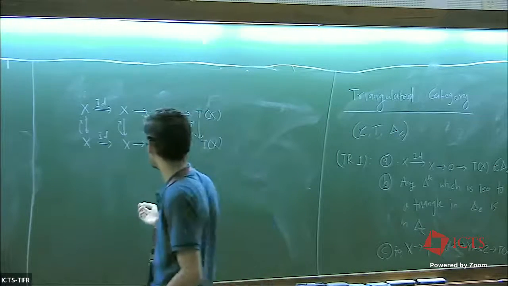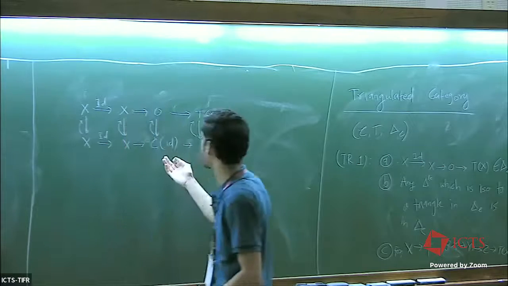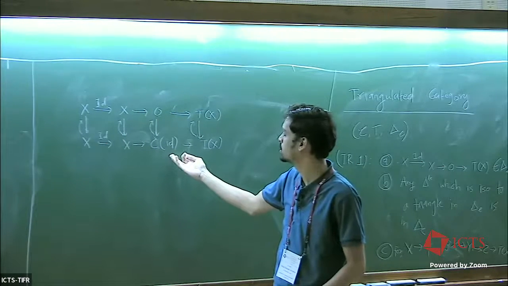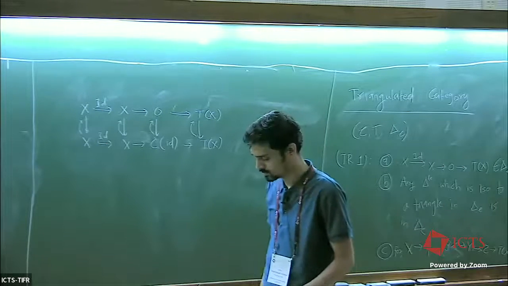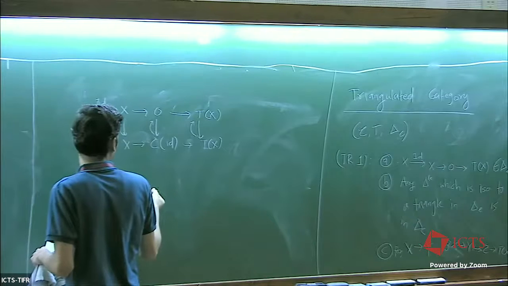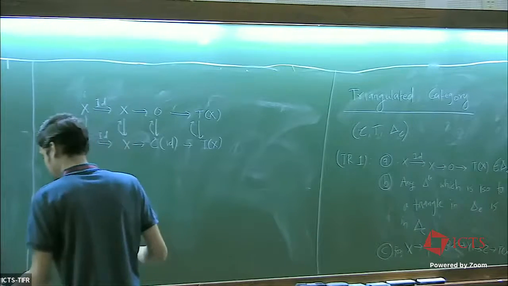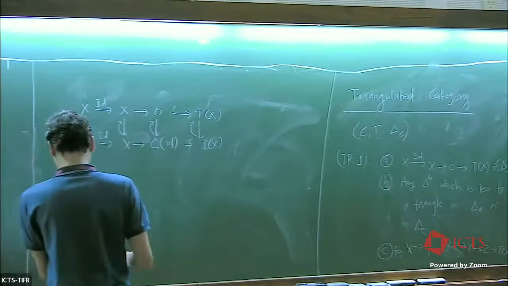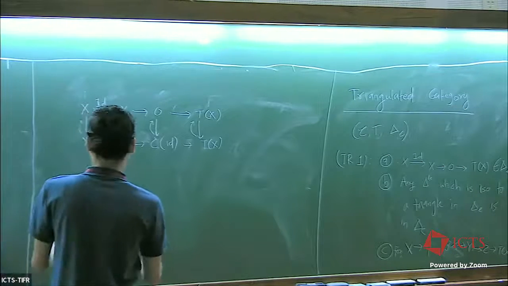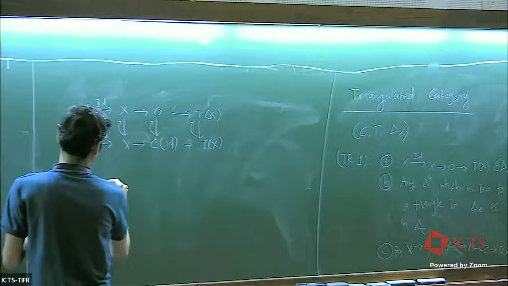And that means I have to give you the homotopy. And there is a natural choice for this homotopy. So we have this cone.